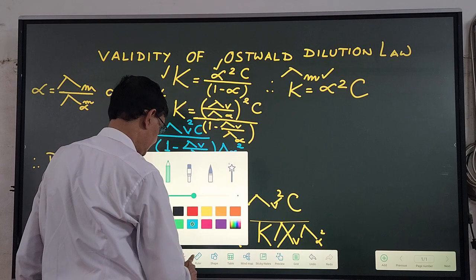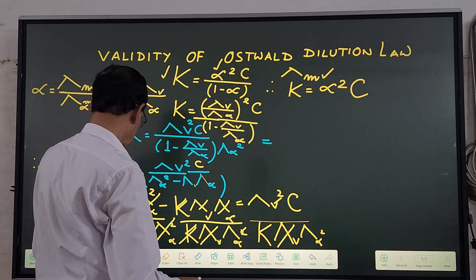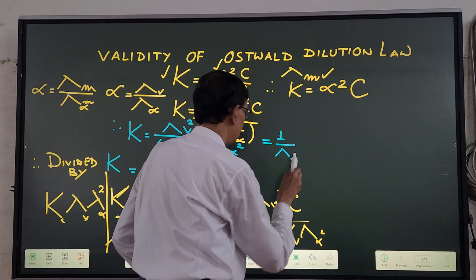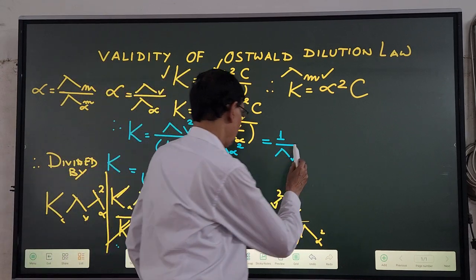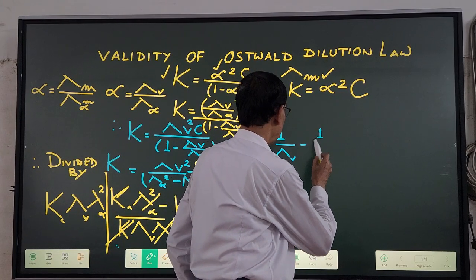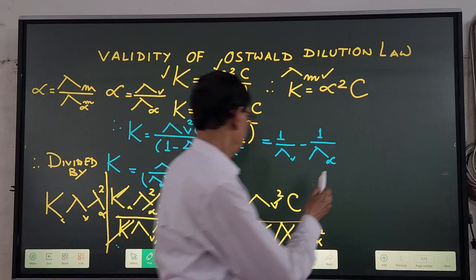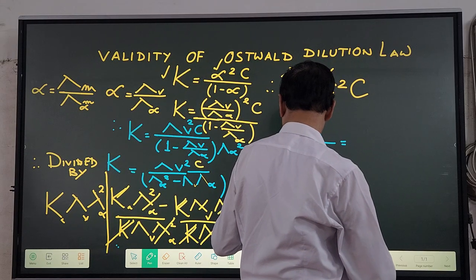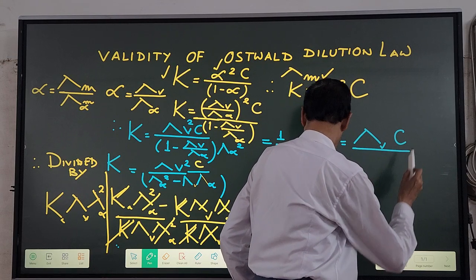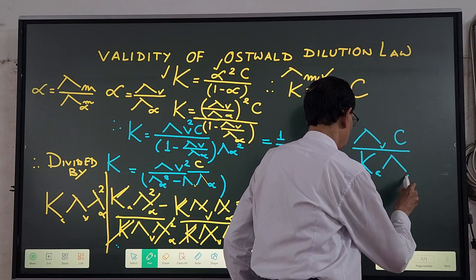So what can I write? Here you can see 1 divided by molar conductance or equivalent conductance, minus, everything is cancelled, 1 by molar conductance at infinite dilution is equal to molar conductance times C divided by K lambda infinite square.